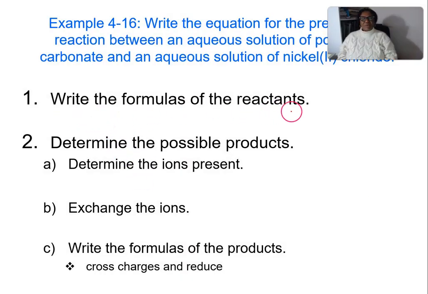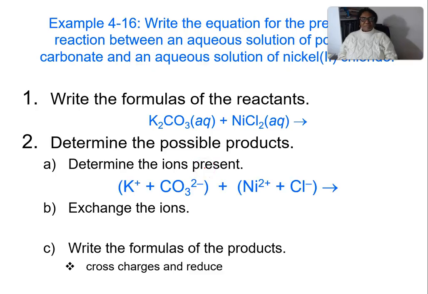We'll write the formulas of the reactants first: potassium carbonate aqueous, nickel chloride aqueous. Then we determine the ions present in these reactants. You break them, and we have potassium plus and carbonate, and nickel 2 plus and Cl minus.